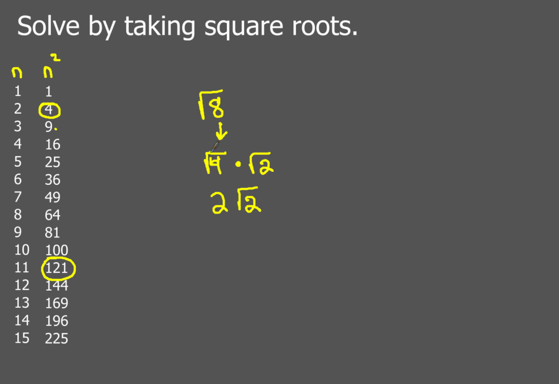Now, let me give you one other example here. Say you had the square root of 48. Now the closest number to 48, I have 49 right here, so I'm going to go one backwards, and I want to try 36. Does 36 go into 48? No. Does 25 go into 48?